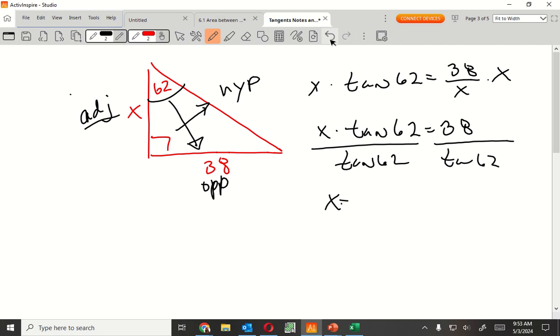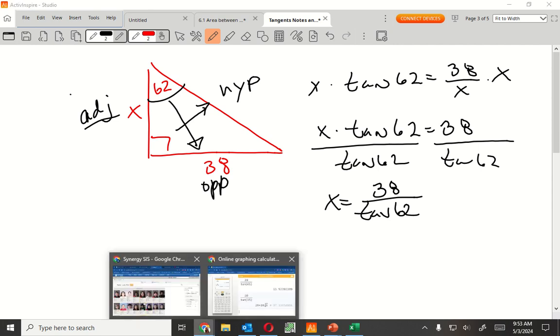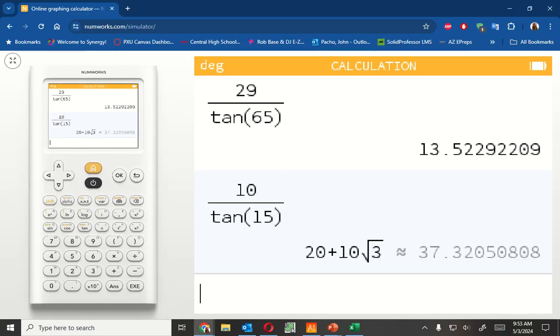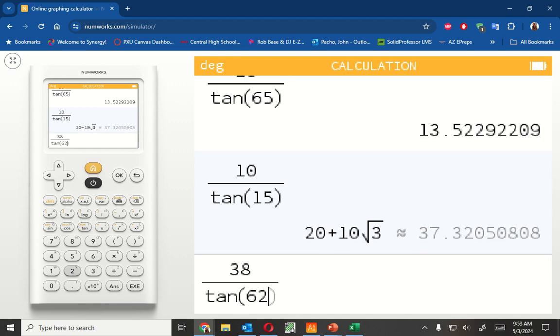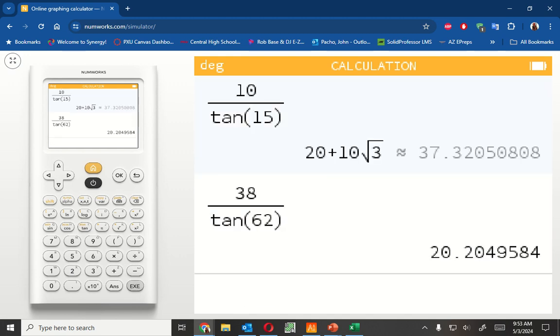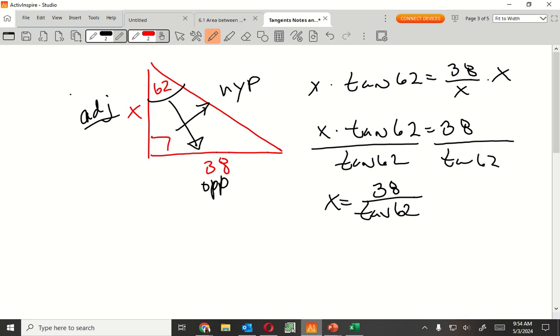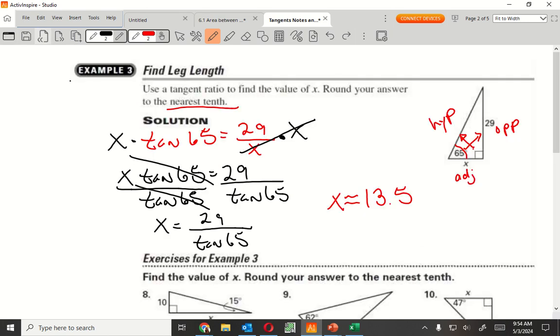So, x equals 38 divided by tan 62. 20.22. 20.2. Yeah. That's right.